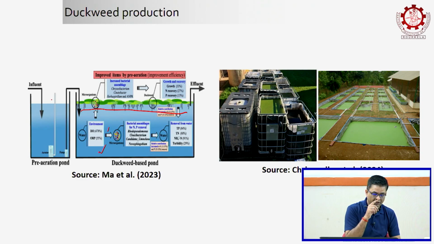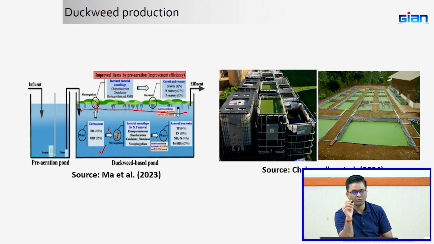This particular study found that if you have aeration in the tank, as when you do wastewater treatment, their growth is much faster and their nutrient recovery from the wastewater is much higher compared to the non-aerated one.